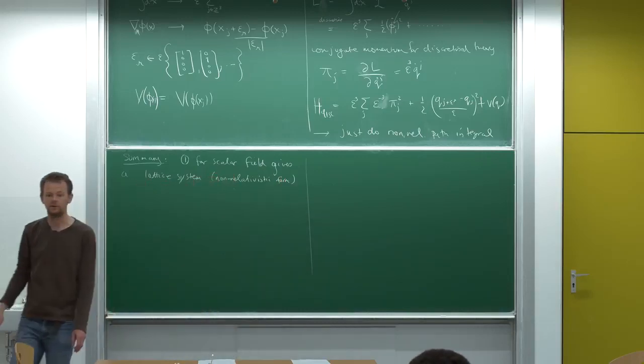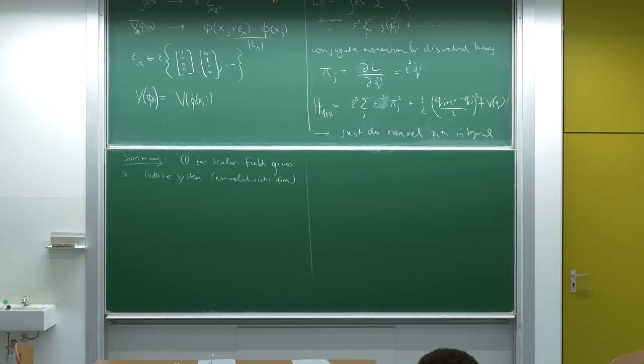For the scalar field, when you do step 1, you end up with a lattice system, which is in non-relativistic form, right?